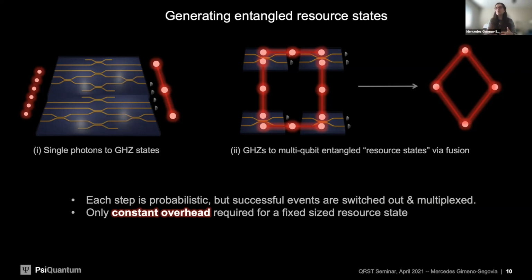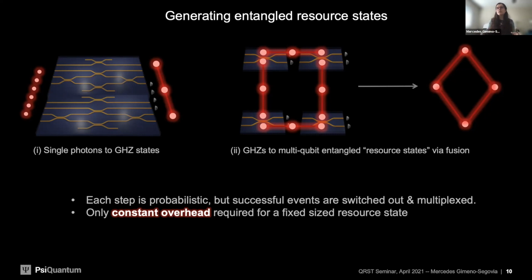states, or we can do multiplexing, which basically means we repeat an operation several times and we select the one that has succeeded. The other important point is that this leads to only constant overhead, which means that to generate a particular resource state, we will need to generate a constant number of extra photons and have extra resources.